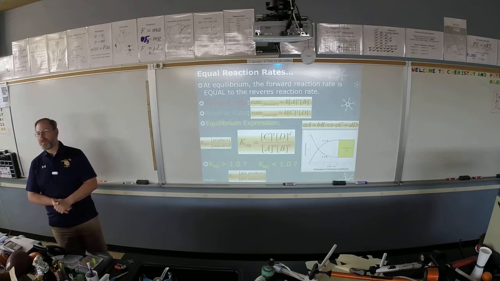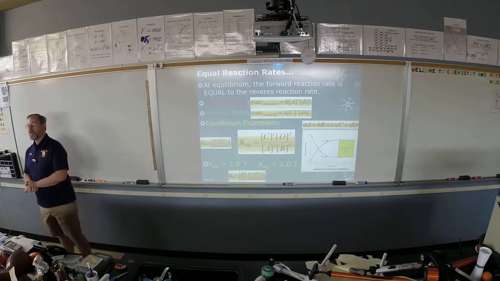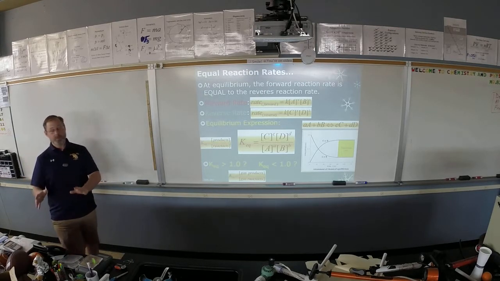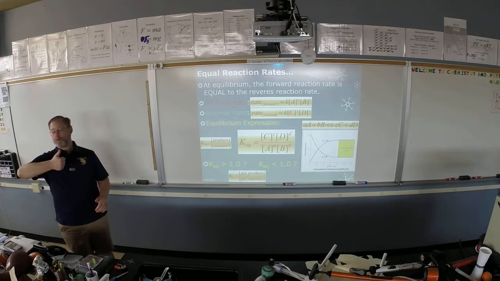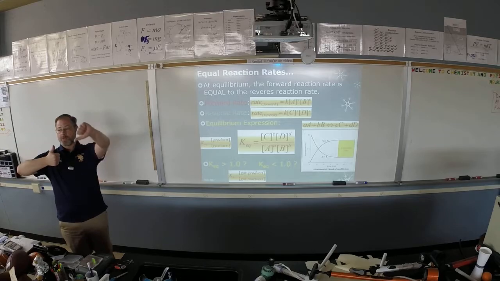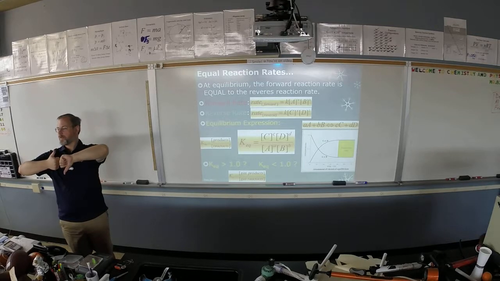All right. If your neighbor believes that the KEQ value, which is a number, is larger than 1, give me a thumbs up. If your neighbor believes that it's less than 1, give me a thumbs down. It looks like about half and half.